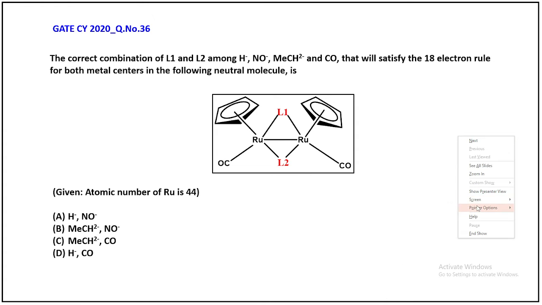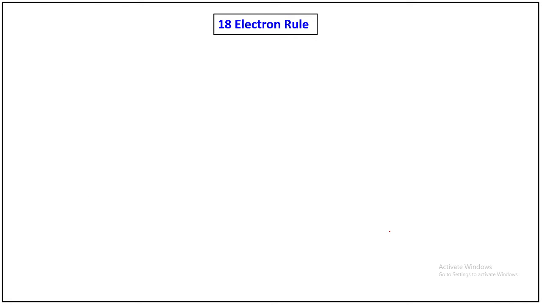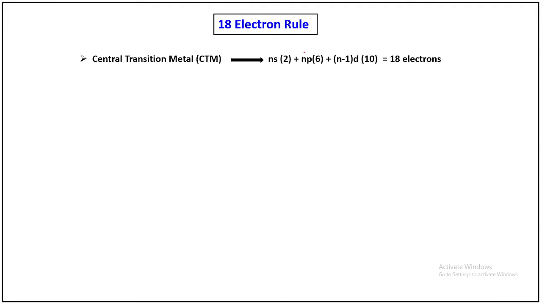So, in order to find that out, we should know what is 18 electron rule, right? So, 18 electron rule says that consider we have a central transition metal atom. Any metal atom will have an ns orbital, np orbital and n-1 d orbital.